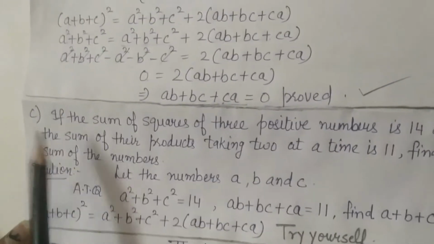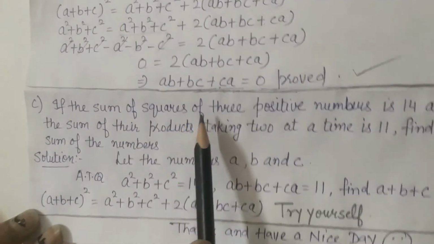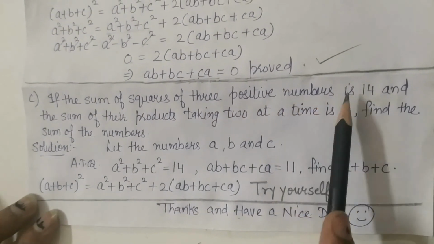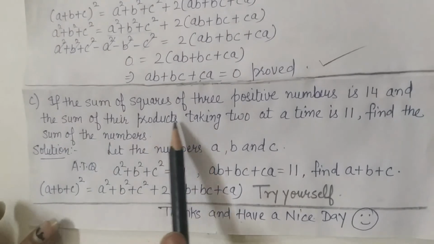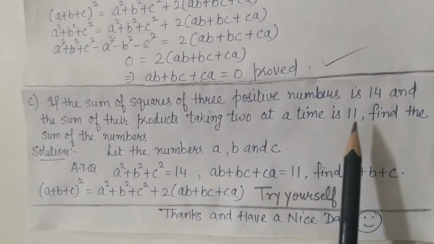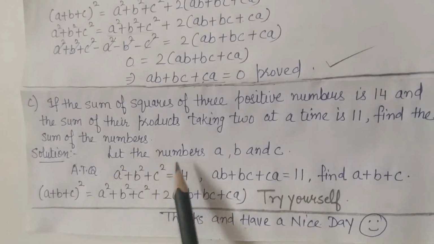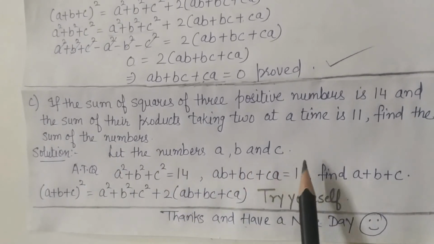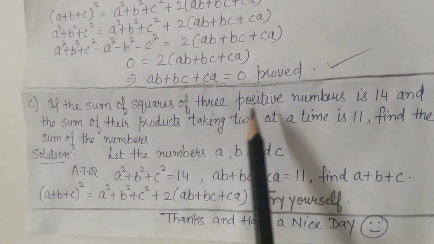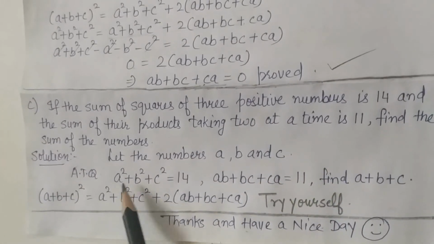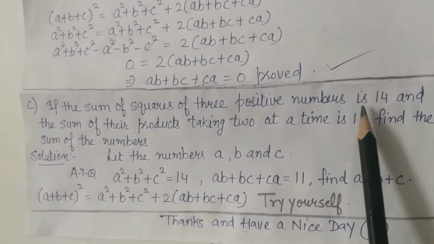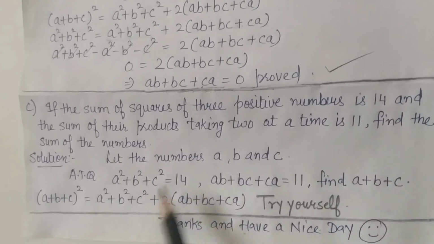Clear? Now look at your C part. If the sum of the squares of three positive numbers is 14 and the sum of their products taking two at a time is 11, find the sum of the numbers. So first of all, let the numbers be A, B and C. The sum of squares of three positive numbers, A square plus B square plus C square, is equal to 14.